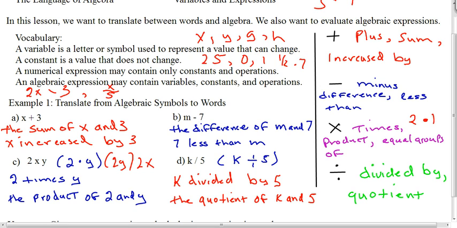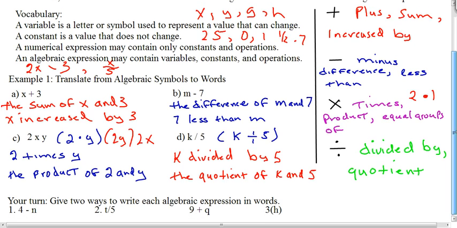So it's looking at 2 multiplied x, or 2x, or 2 raised dot x, or 2 raised dot y. We're talking about 2 times y. We can say the product of 2 and y. All of these will let us know that we are putting that into words from that algebraic expression.